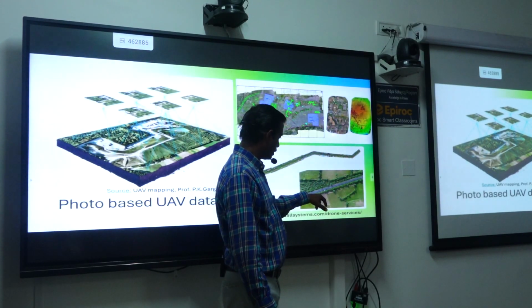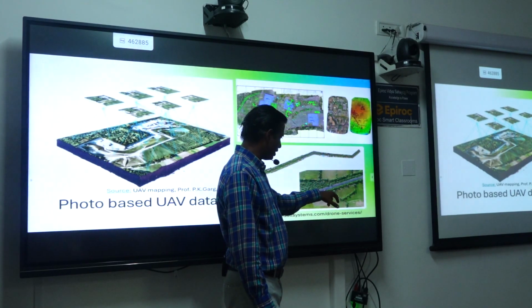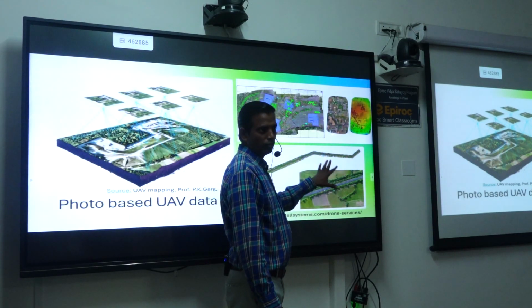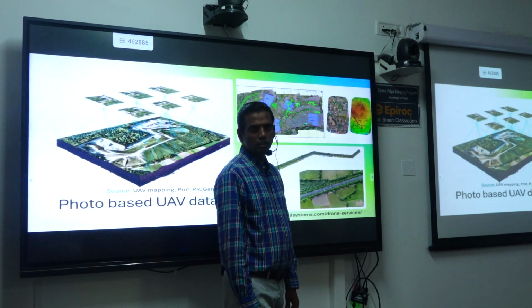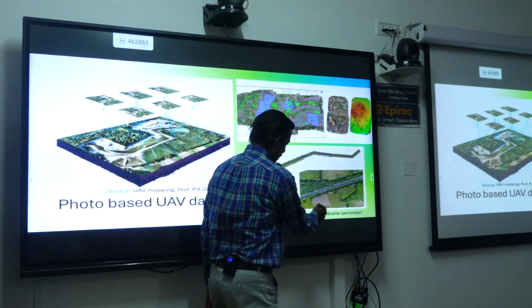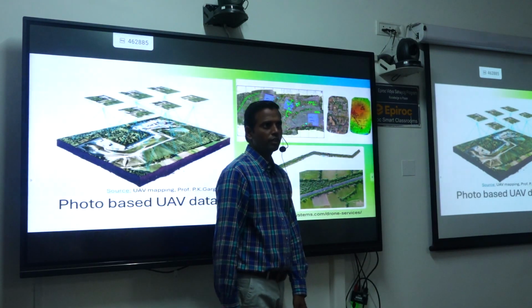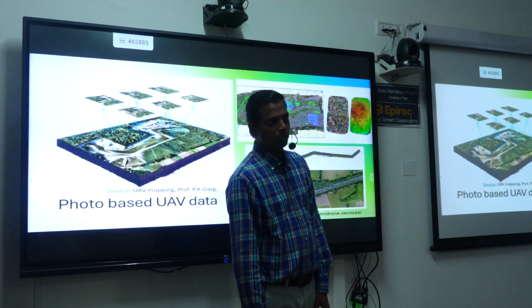Otherwise, with the total station, keep your prism here, here, here, here. While directly capturing this image, you simply draw a polygon. After georeferencing, you will get the area of that particular parcel.